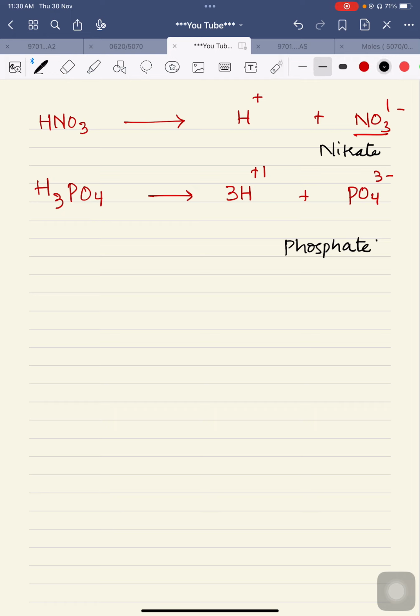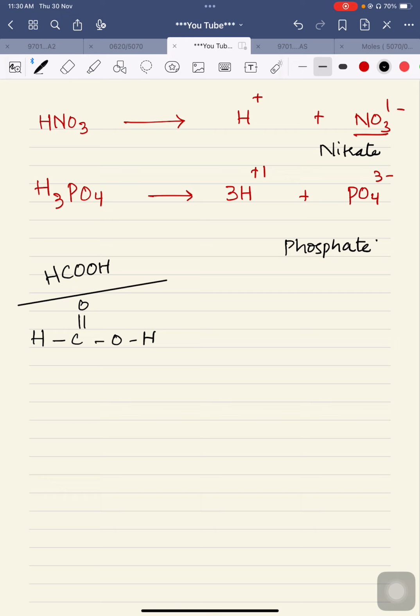Now I'm going to write down the ionization equation for an organic acid, for example HCOOH. This is methanoic acid. At this stage, as we have not started organic chemistry, it can create confusion in your mind.